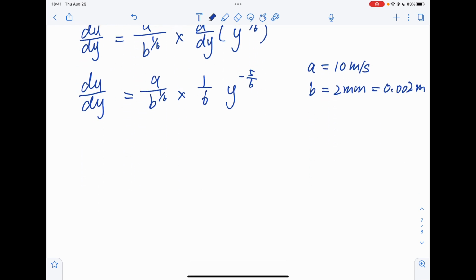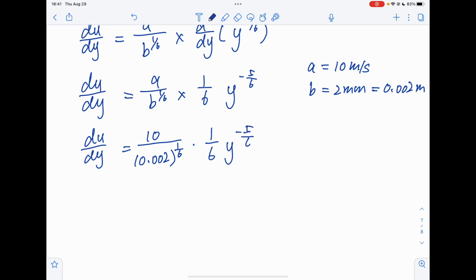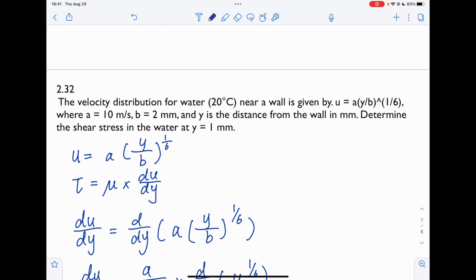We plug numbers in, and du over dy will be 10 over 0.002 to the power of 1 over 6 times 1 over 6 times y to the negative 5 over 6. We're also asked to determine the shear stress in the water at y equals 1 millimeter.